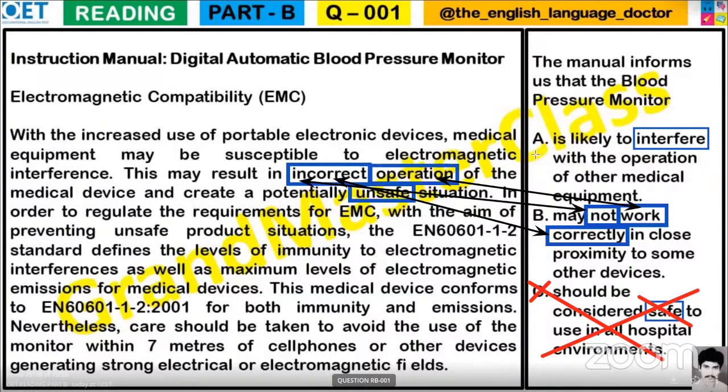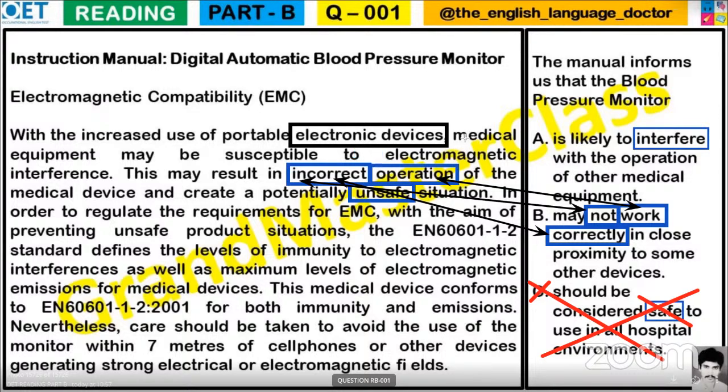Now here is likely to interfere. This may result in incorrect operation of the medical device. So here, with the increased use of portable electronic devices, not medical. So these are electronic devices, and these are electronic devices.